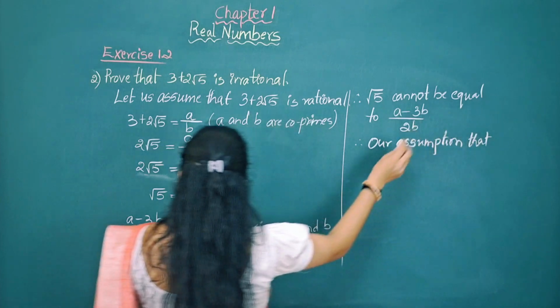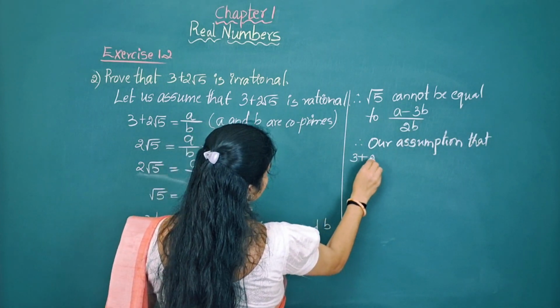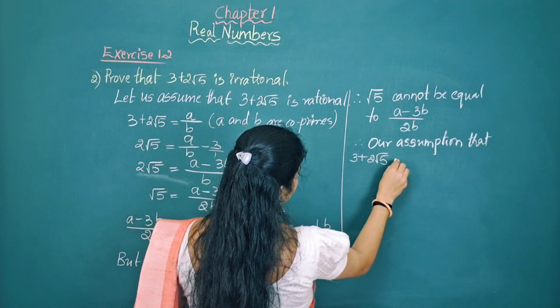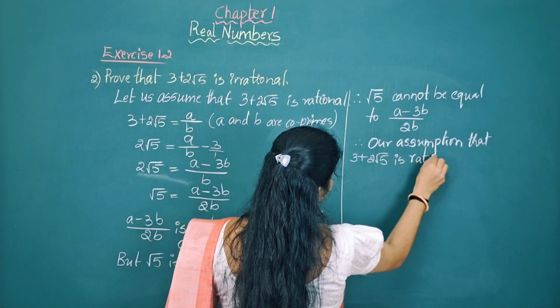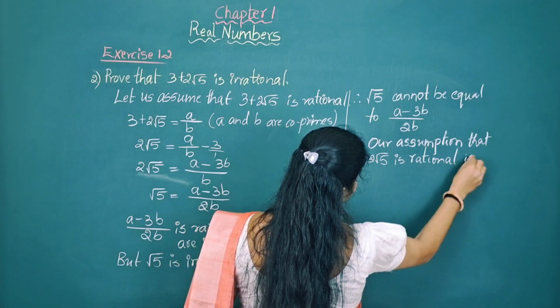Therefore, our assumption that 3 plus 2 root 5 is rational is wrong.